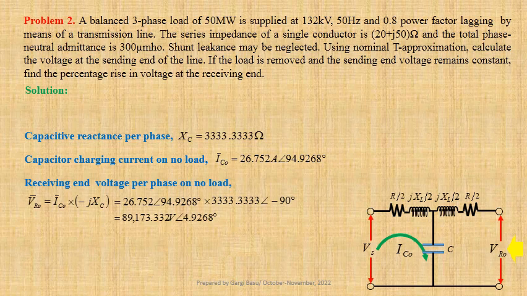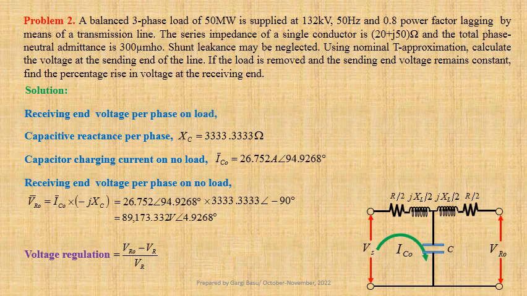4.9268 degree. Now we shall calculate voltage regulation, that is equal to VRO minus VR divided by VR. We have computed receiving end voltage per phase on load VR equals to 76,210 volts.